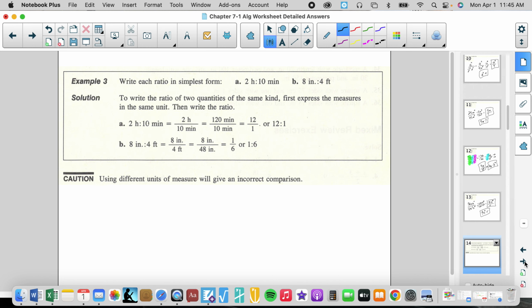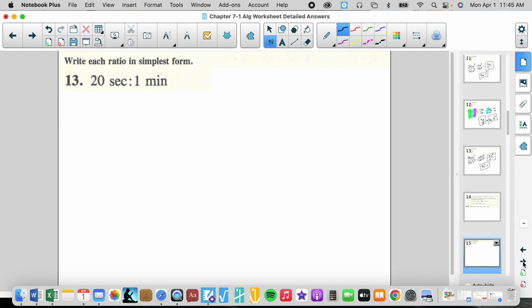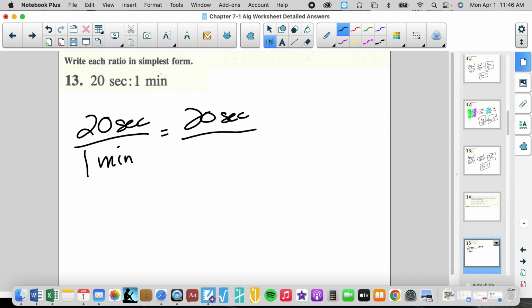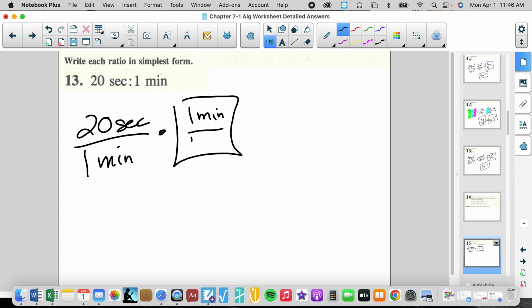So now we have units. So this is good. I like this section. This was always fun. So 20 seconds over 1 minute. I'm going to convert 1 minute. Let's get rid of the minutes. So 1 minute equals 60 seconds.